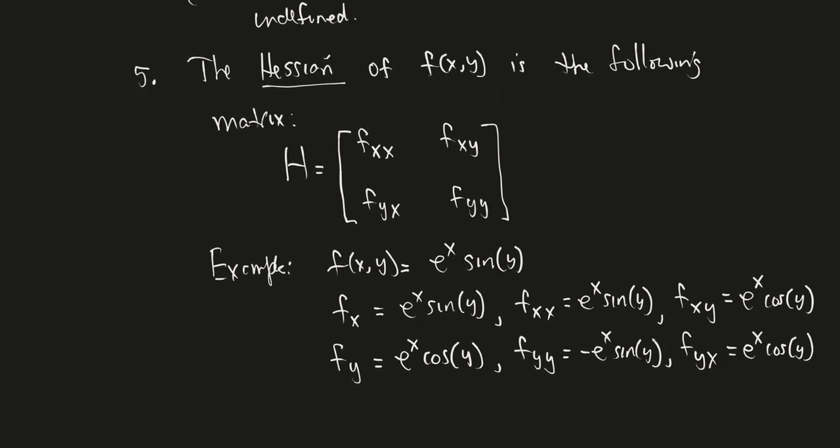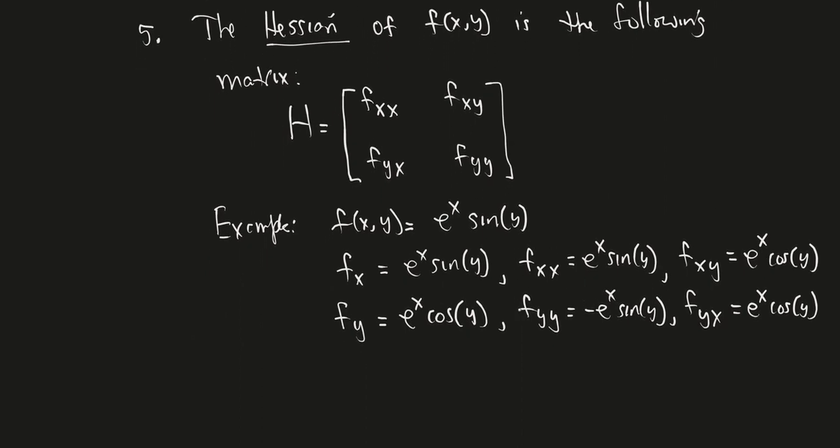So having now our 4 second partial derivatives, here is the Hessian, and technically it is also a function of x and y. So I'll go ahead and indicate that, but now we're using functions to fill out our matrix. In this position, we're going to put our fxx, so this is e to the x sine of y, and then in this position we're going to put our fxy, so that's e to the x cosine of y.